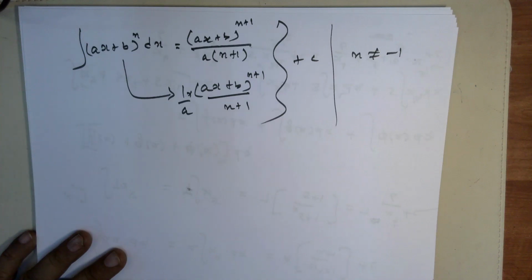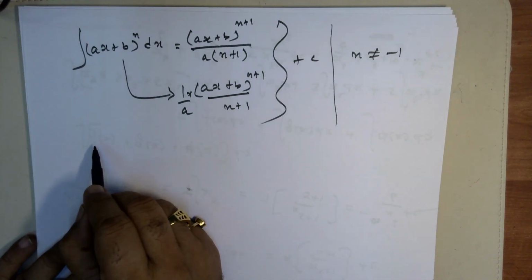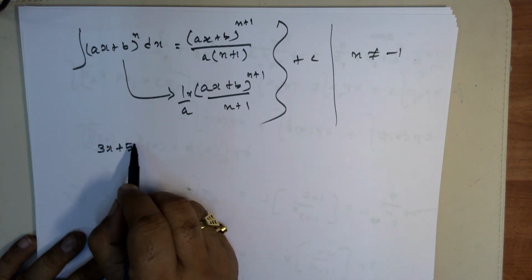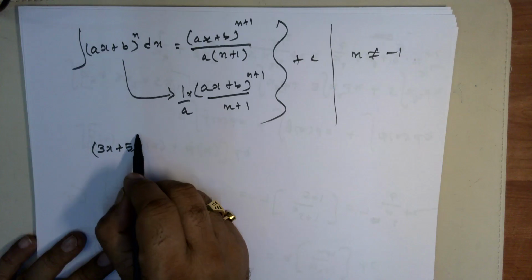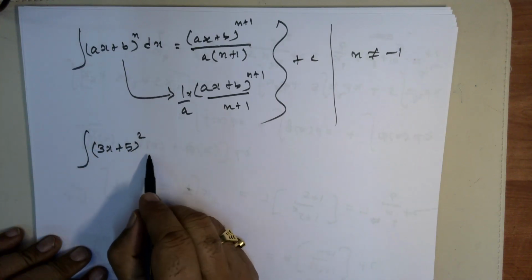Now let us try to evaluate this one. Take the integral of 3x plus 5 whole squared. How can it be solved?